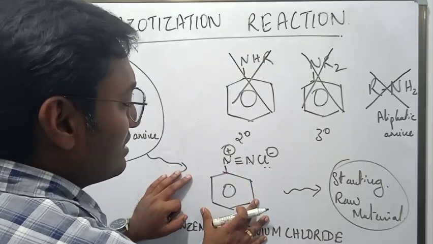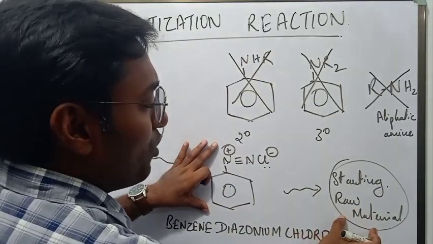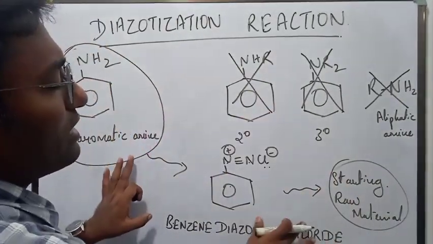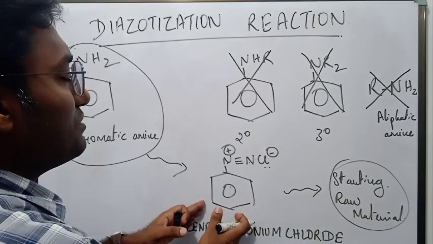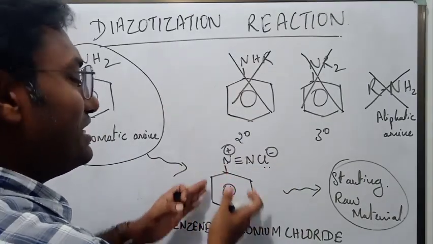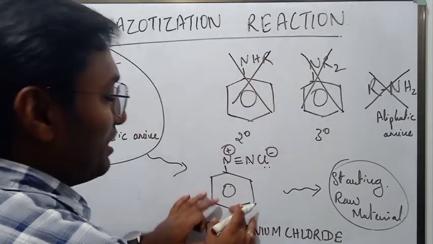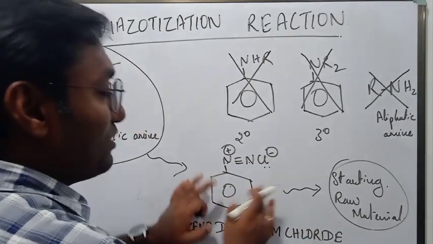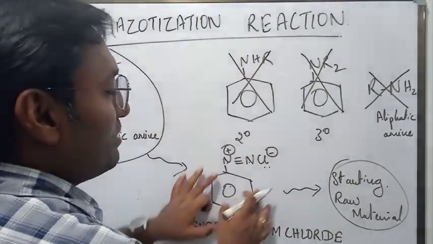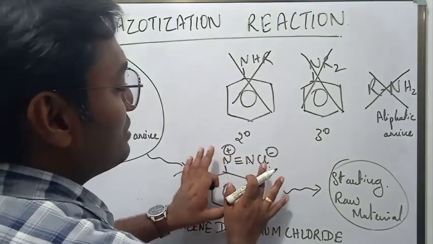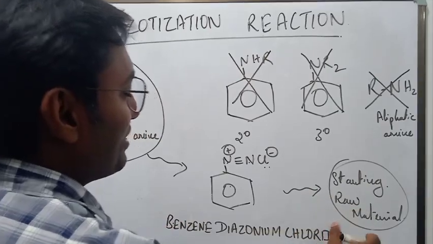The benefit is that benzene diazonium chloride acts as a starting raw material for a number of organic compounds. Let me say with examples: chlorobenzene, bromobenzene, benzonitrile, iodobenzene, nitrobenzene, a lot of organic compounds, even benzene and phenol can be made from benzene diazonium chloride.